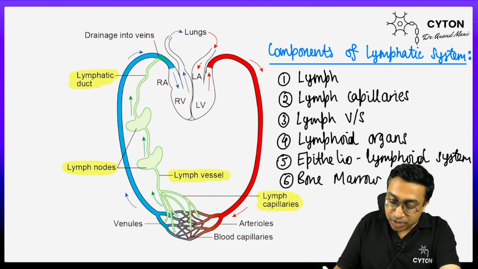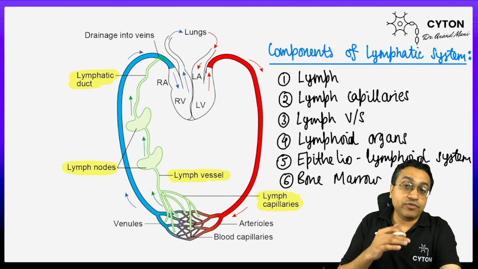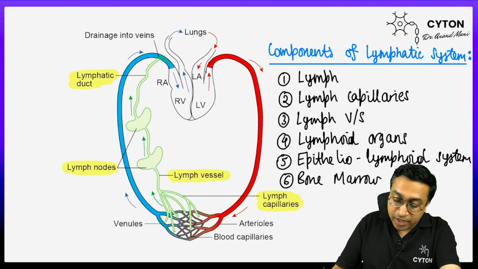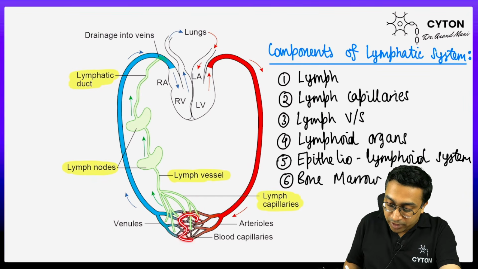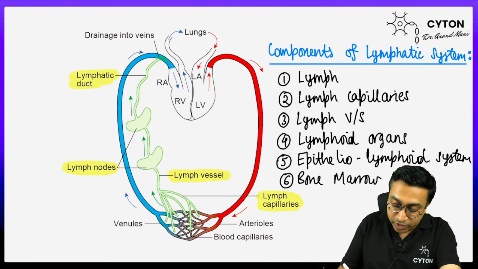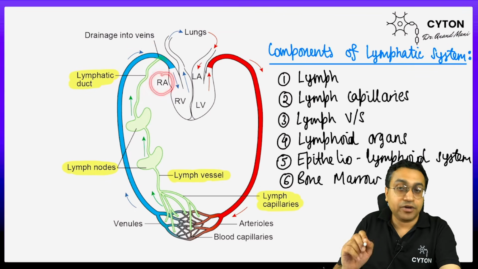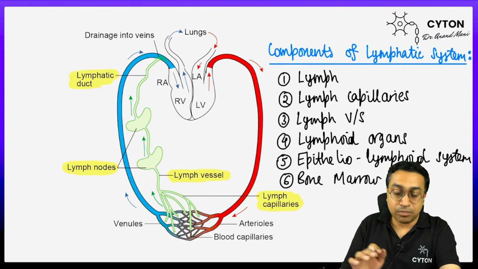Now from the left ventricle, the blood is pumped out through the arteries, and then via the blood capillaries, the blood transfers to the venules and finally to the veins, and then it comes back to the heart into the right atrium. This basic stuff we have already discussed last time, if you remember.